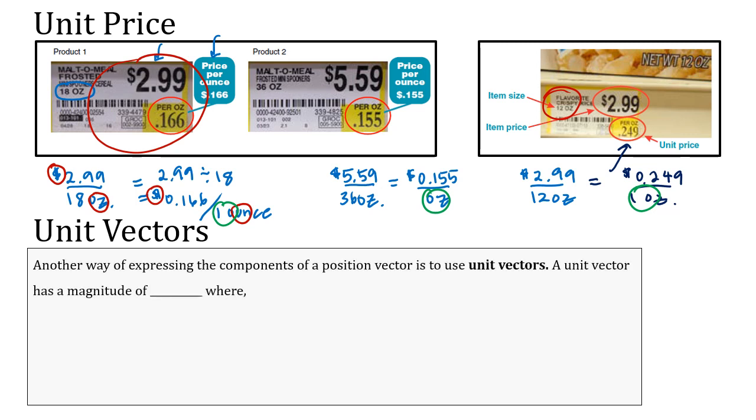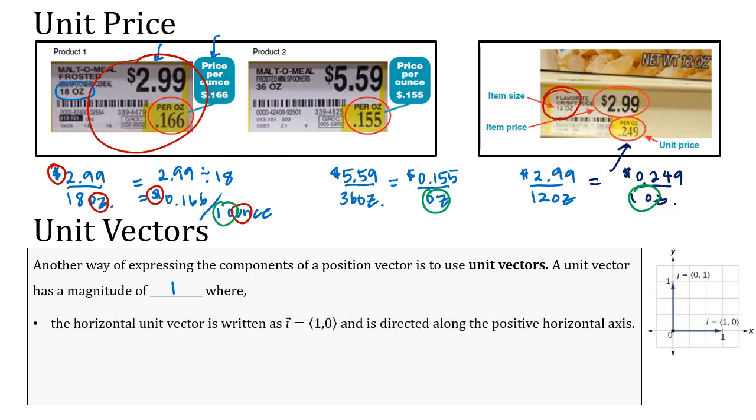Unit vectors are like unit price in that they do involve that 1, where the component of a position vector can be expressed using what we call unit vectors. And like you might imagine, a unit vector has a magnitude of, what do you think it is? How about 1? It has a magnitude or a length of 1, where the horizontal unit vector is written as i.